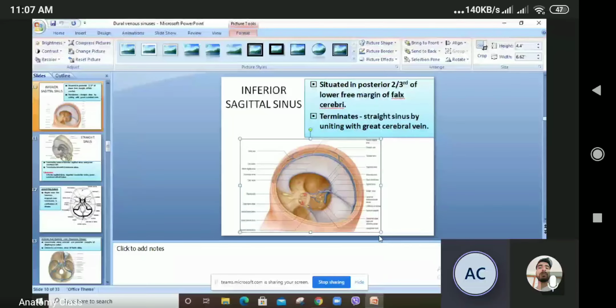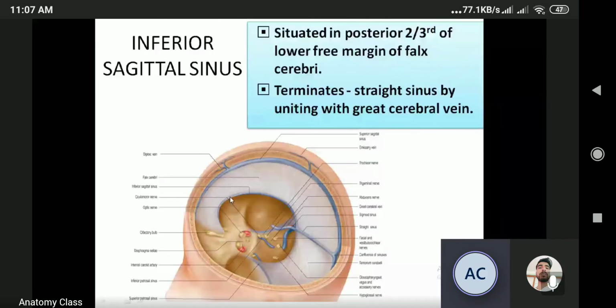Okay then, the inferior sagittal sinus is present at the lower free margin of the falx cerebri, particularly the posterior two-thirds of the lower free margin of the falx cerebri, and it is present parallel to the superior sagittal sinus. One exception of this inferior sagittal sinus is, as we have talked earlier also, almost all the dural venous sinuses are present between the endosteal layer and meningeal layer of cranial dura, but the inferior sagittal sinus and straight sinus are the two exceptions, which are present within the fold of the meningeal layer of cranial dura.